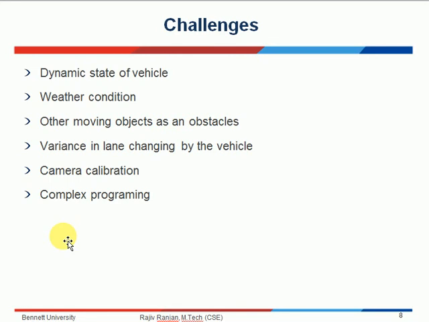Once we change the angle of the camera, we have to change various values in our program according to that calibration of the camera, so we have to take care of that. And still the programming is very complex for detecting the speed of vehicles. There are almost 200 lines of code for this project, so the programming is quite complex.